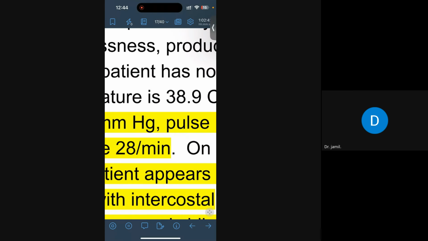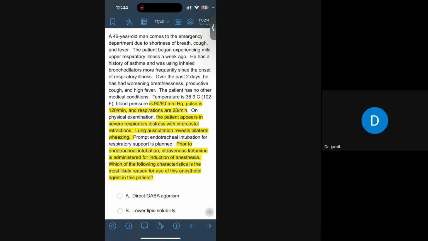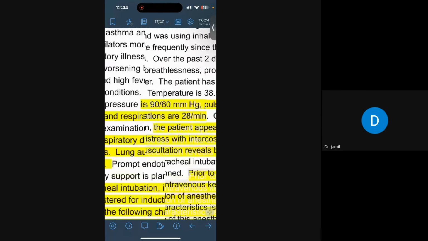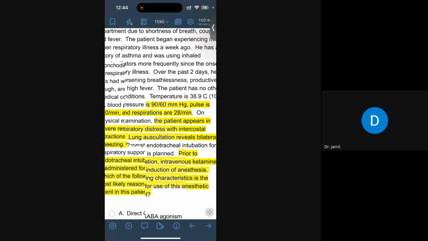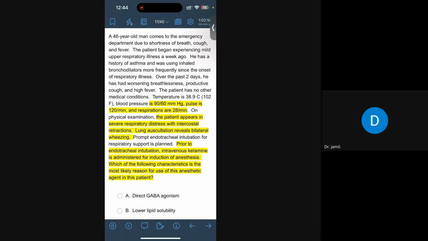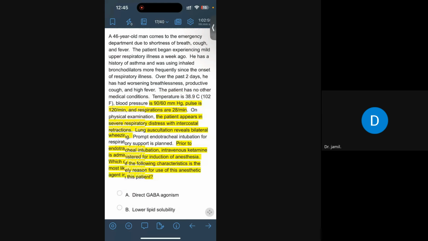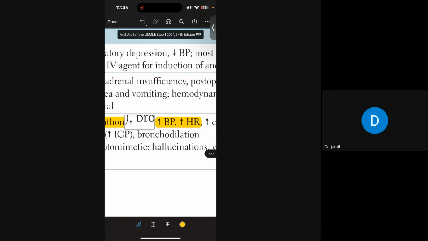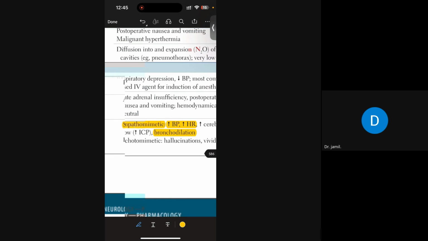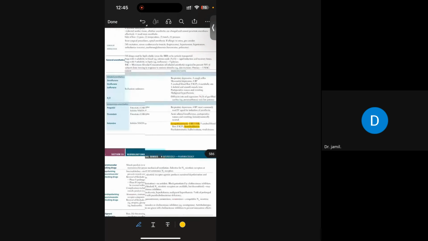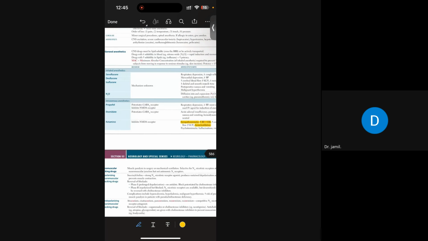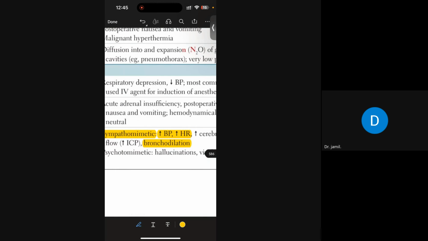Our patient is hypotensive, with a blood pressure of 90/60, so we need an anesthetic which can increase the blood pressure. Other than that, the patient appears in severe respiratory distress, and the lungs reveal bilateral wheezing. Ketamine also causes bronchodilation. This will solve the two issues occurring in this patient. That's why we are using ketamine here.